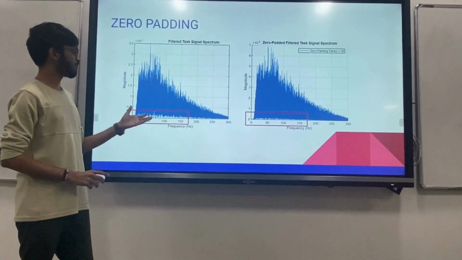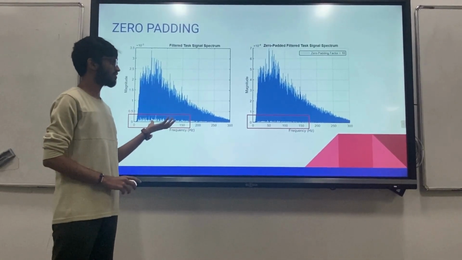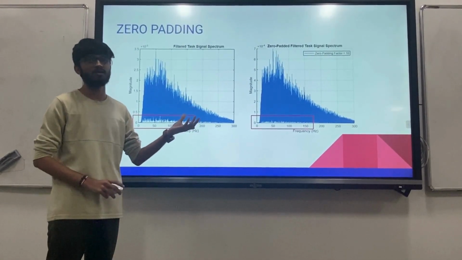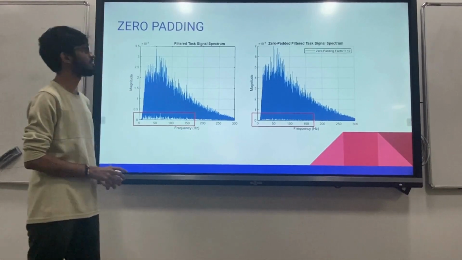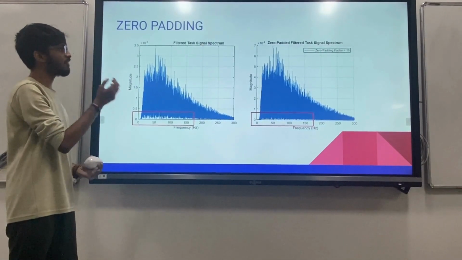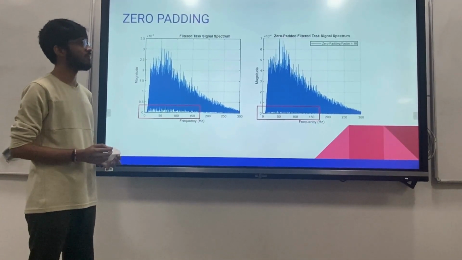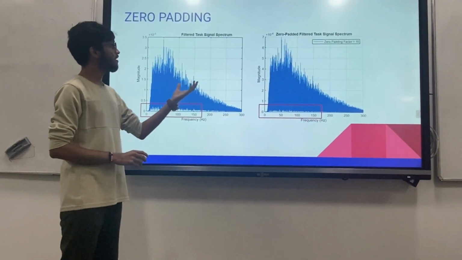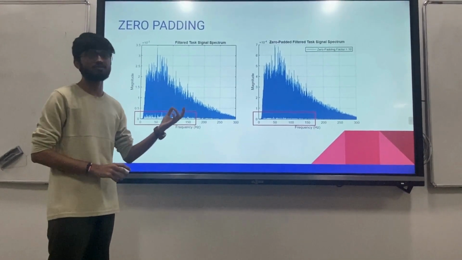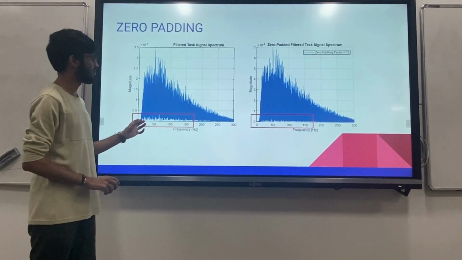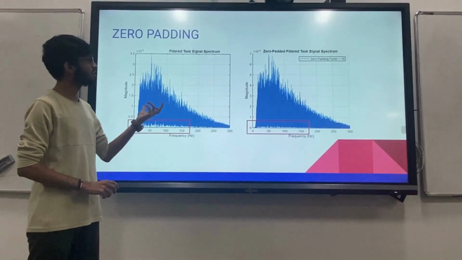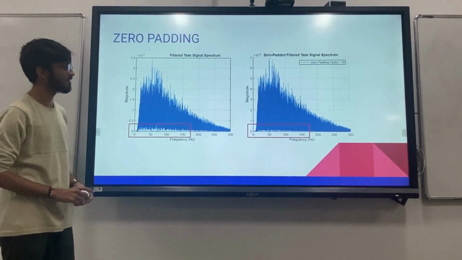So if the length is 1000, we would be adding 10,000 zeros at the end of the signal. A padding factor of 10 is very large by industrial standards, but we use a factor of 10 to actually illustrate the concept of zero padding.